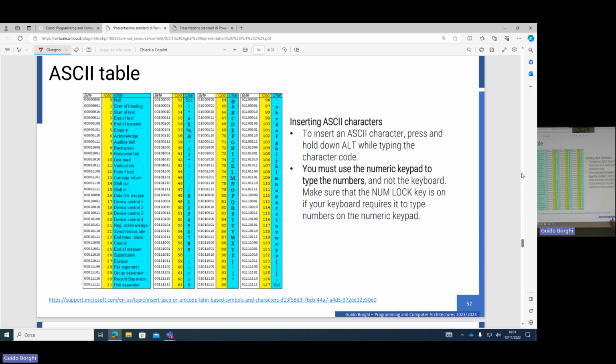So you can try at home using, for example, a Notepad app, and you have to hold the Alt button, and then type the number of the character that you want to represent, okay. And then you can obtain, for example, the number 7, the letter U, and so on.